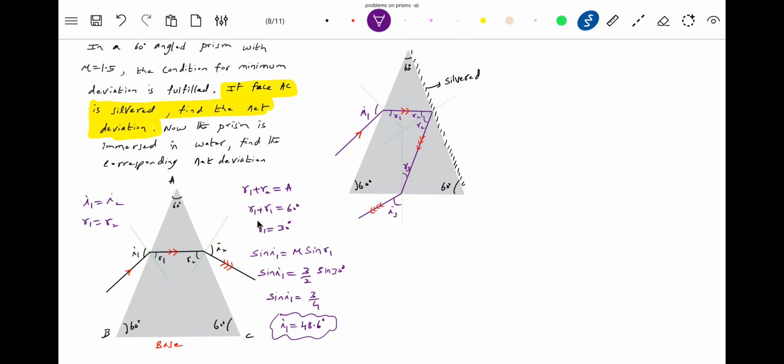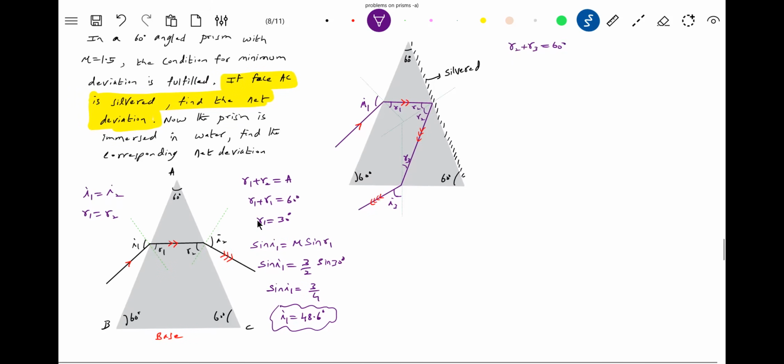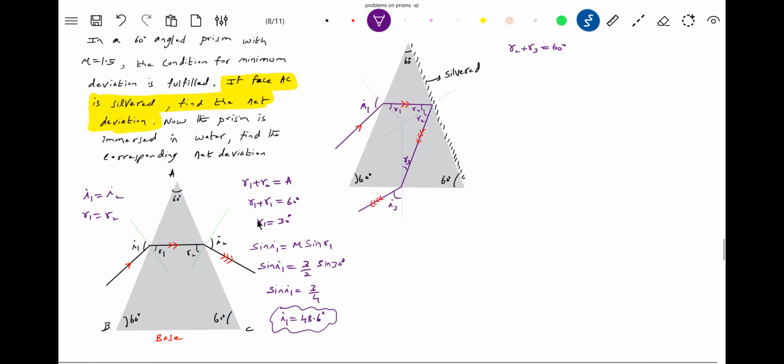So what are the relationships now? R2 plus R3 should be equal to 60 degrees. R1 plus R2 is 60 degrees.